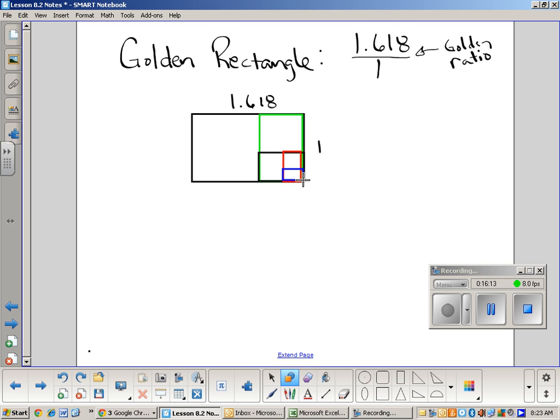But I want to go back at this again. The big rectangle was cut into this square and this rectangle, okay? And then we took that rectangle right here and we cut it into this square and this rectangle.